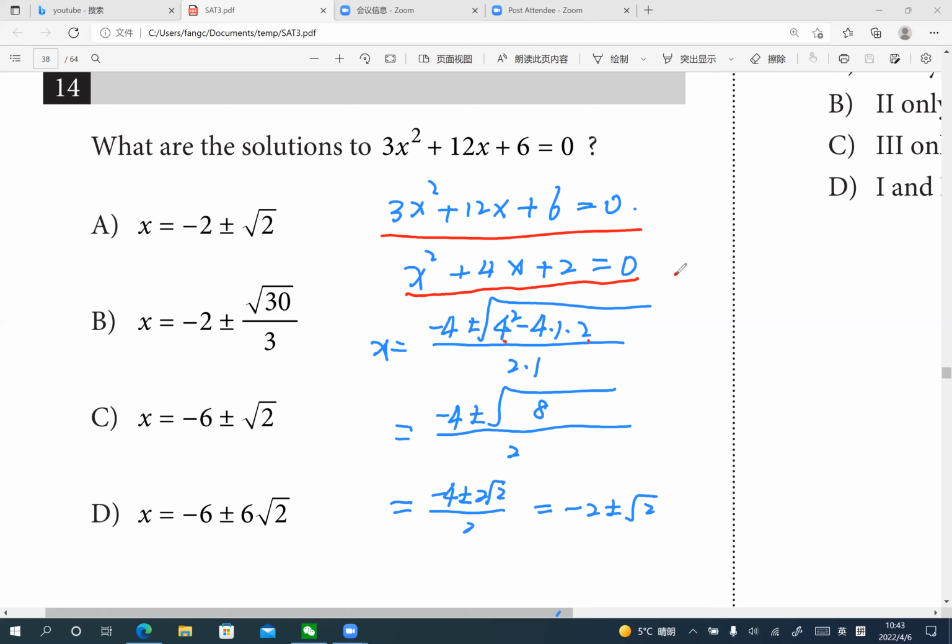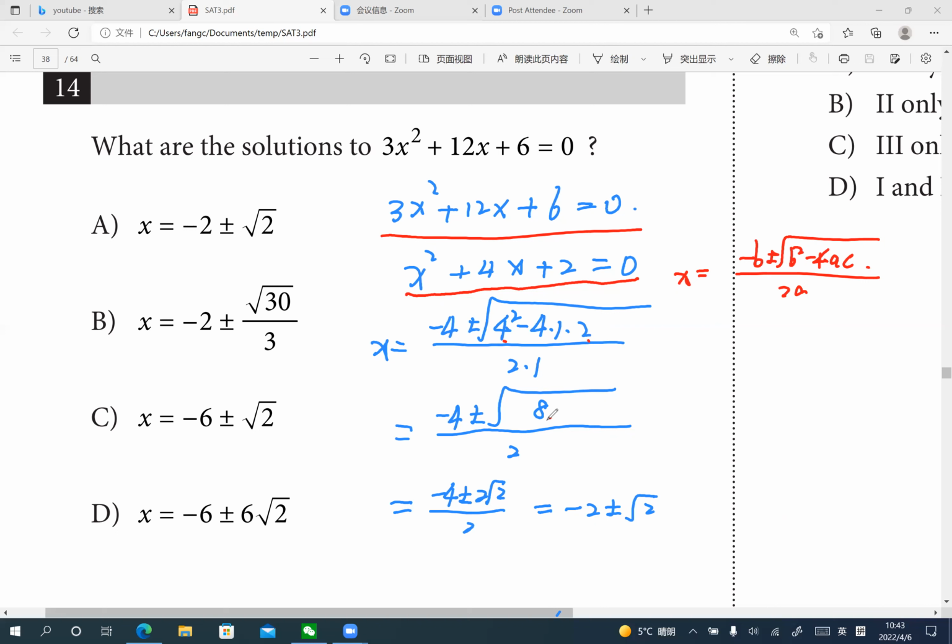That is the quadratic formula I wrote here. Okay, continue. The radicand is 4 squared minus 4 times 1 times 2, which is 8.